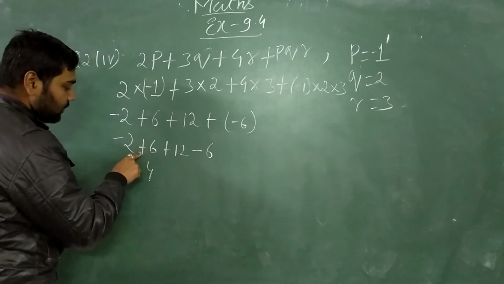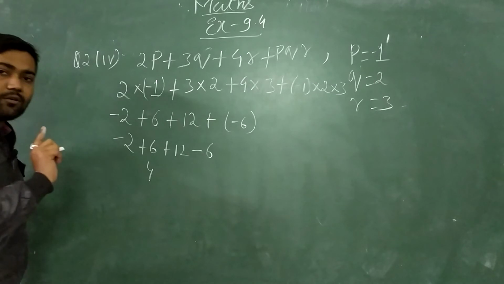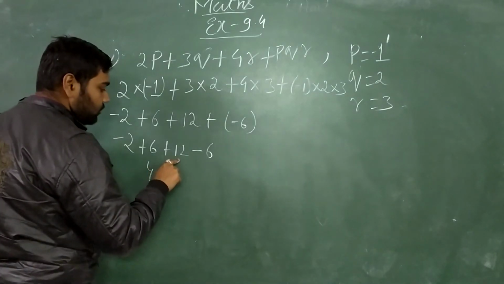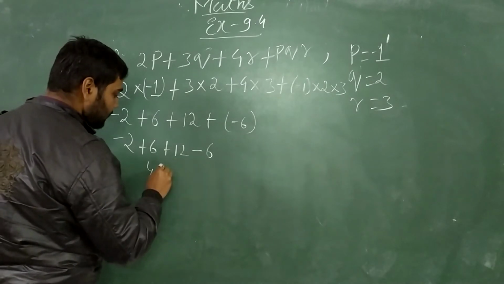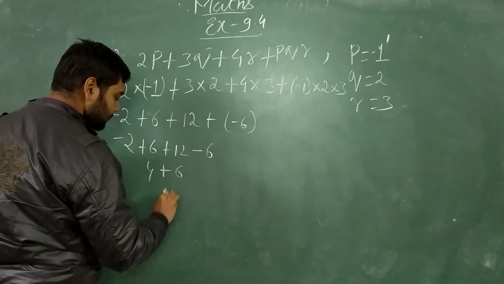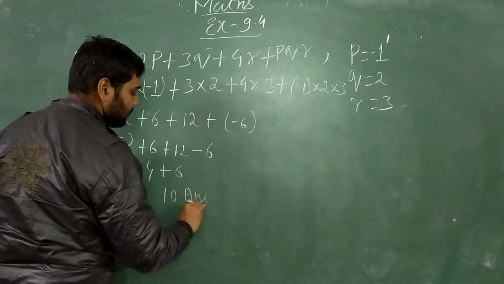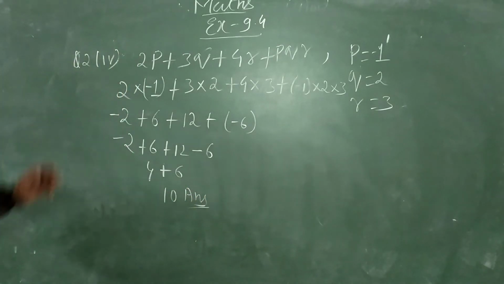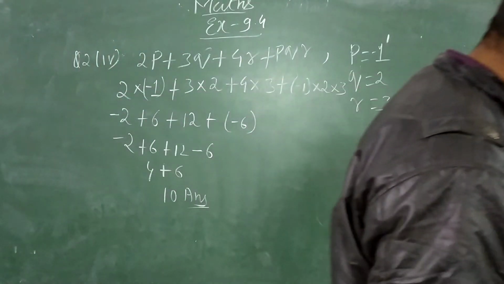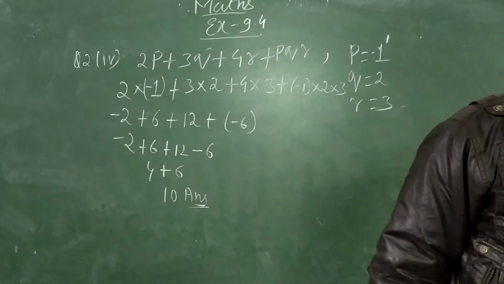So 6 containing plus sign, the result will have a positive sign. Okay. Now 12 and minus 6 will give 6. 4 plus 6, the answer is 10. Okay. So this is the answer of exercise 9.4, question number 2, part 4. What we have done, we have just substituted the value.